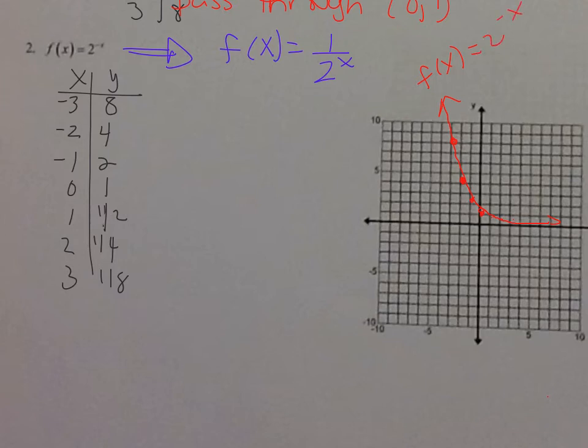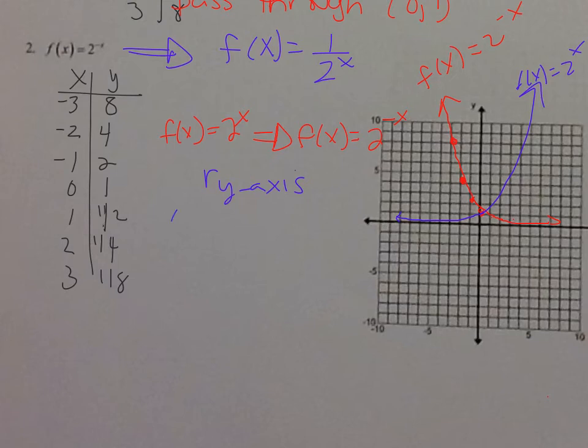Now going back to my exponential function, remember my exponential function looked like this? This is f of x equals 2 to the x power. So notice that when I start with this function and then have this function, it's actually a reflection over the y-axis. So f of x equals 2 to the x, that's my original, and now I have f of x equals 2 to the negative x power.